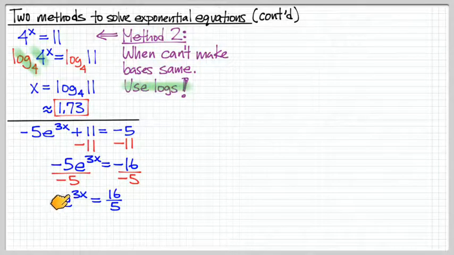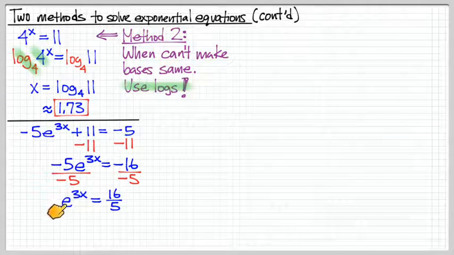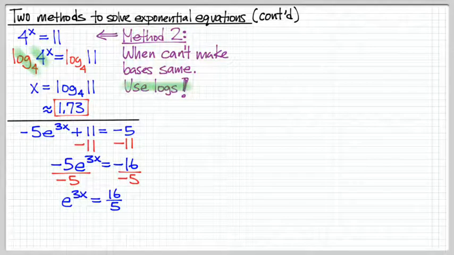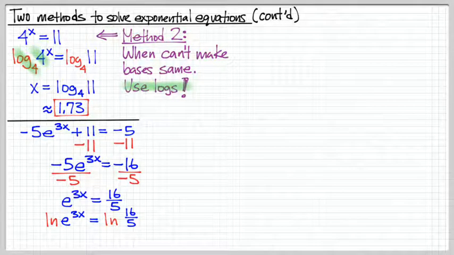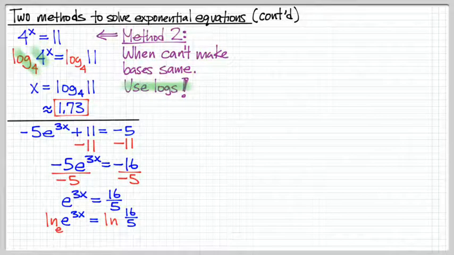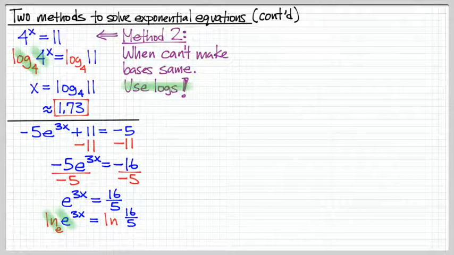Now we have e to the 3x is equal to 16/5. Now to deal with this exponent function, we're going to take the natural log of both sides. Remember, natural log is this implied base of e. And so now we have these two inverse functions here kind of counteracting each other, undoing each other.